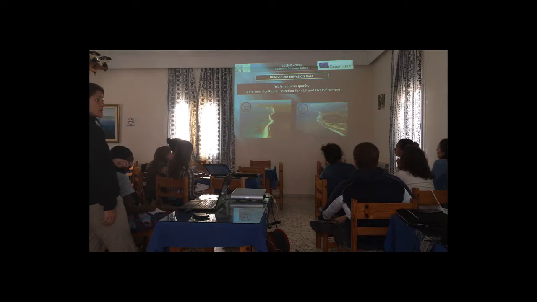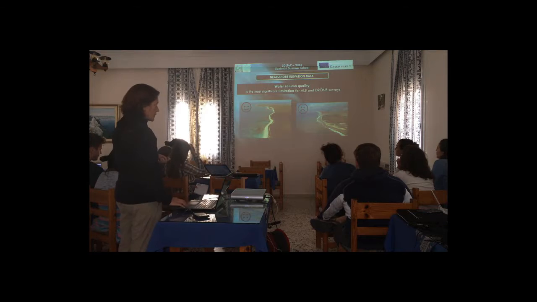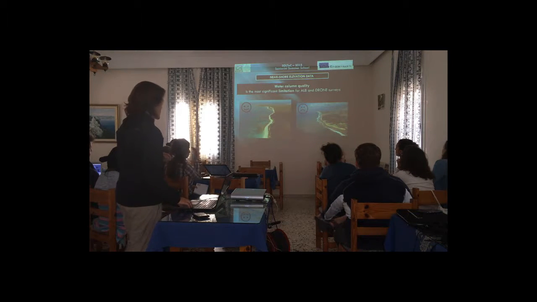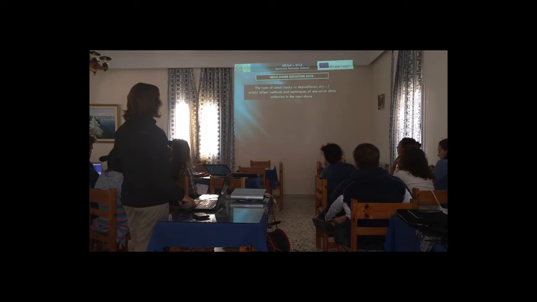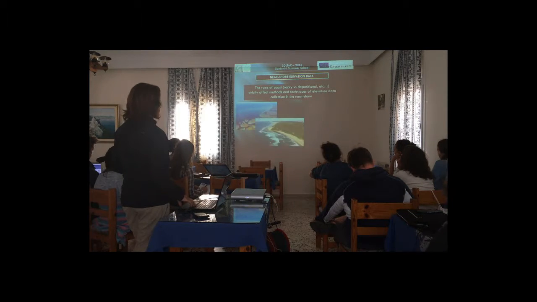bathymetry. Even the airborne lidar bathymetry is heavily affected by turbidity. Okay, when you have a high quantity of sediment in seawater, it can be very difficult to collect reliable data. So basically, it's the type of coast, rocky versus depositional, etc., that strictly affects methods and techniques of elevation data collection in the nearshore.